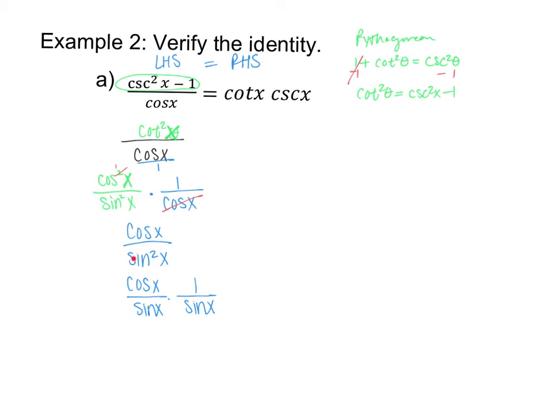So I've split up the denominator, the square, into 2 sines. So I can use this one with the cosine that's on the top. And cosine over sine is just cotangent. And then 1 over sine is cosecant. And finally, I've made the left-hand side look like the right-hand side. And I'm done.